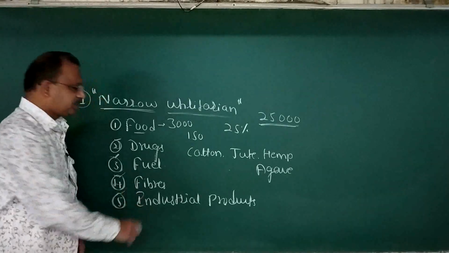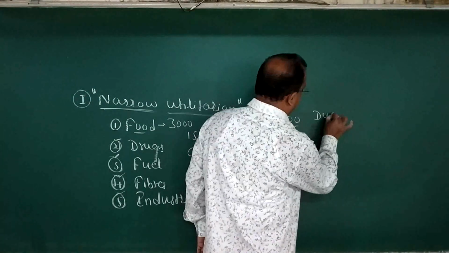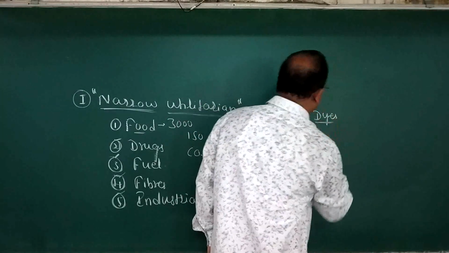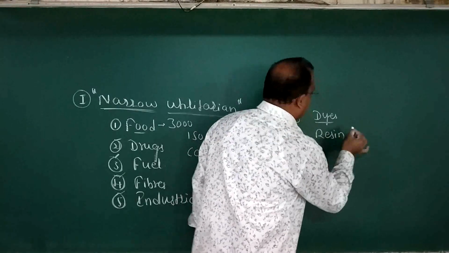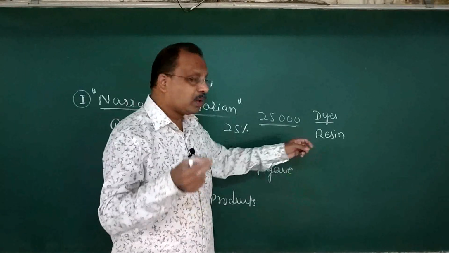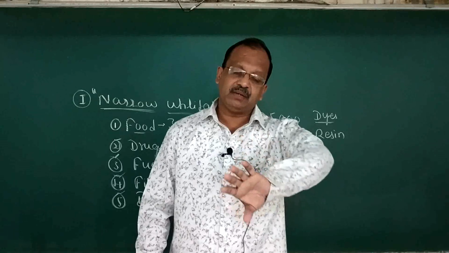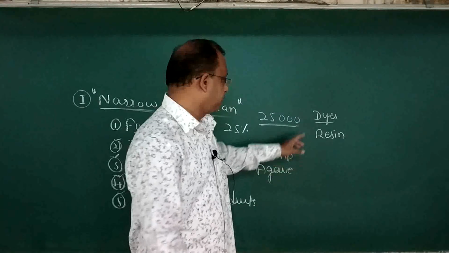Next is industrial products. It includes dyes, which are nothing but coloring substances. Then resin. It is an alcohol soluble exudation. Exudation means the material which is oozing out from the cut portions of the plants.